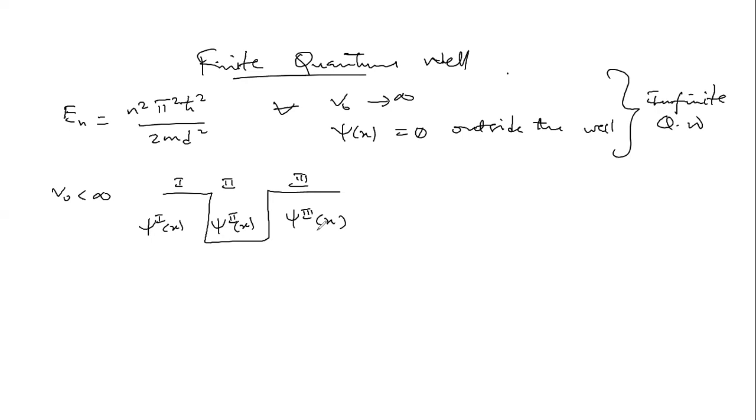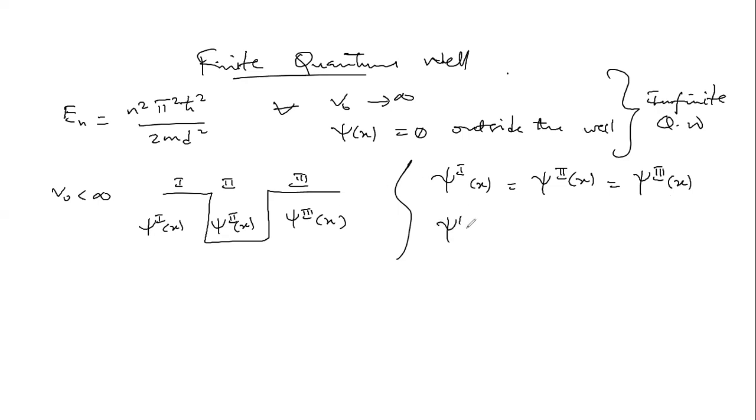So the boundary conditions will therefore be given as we already know, okay? That the wave function in the first region is going to be the same as what we have in the second region, the same as what we have in the third region. So this makes the problem a little complicated.